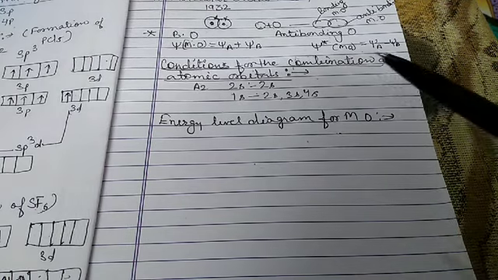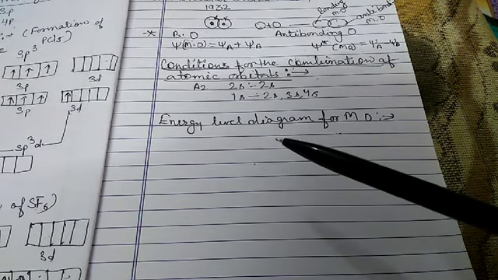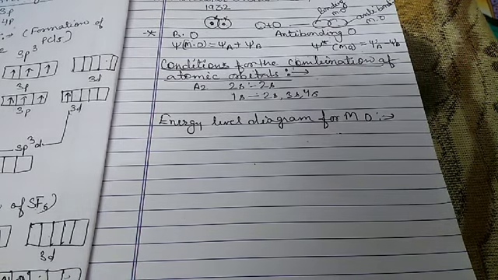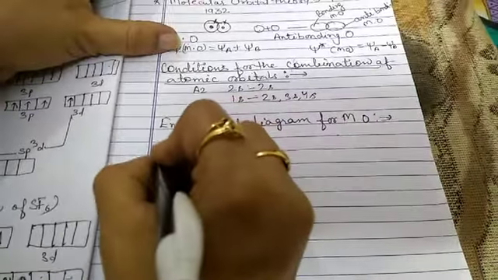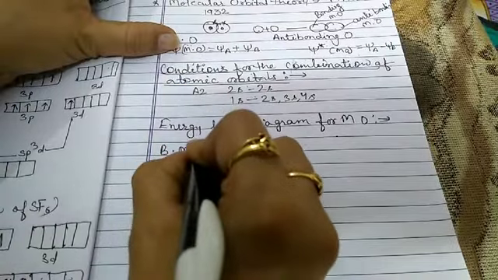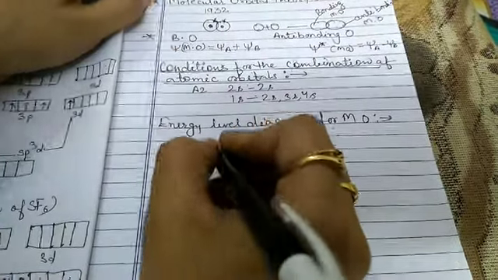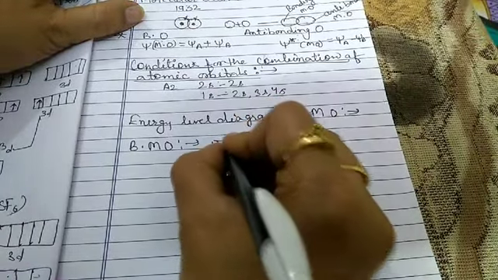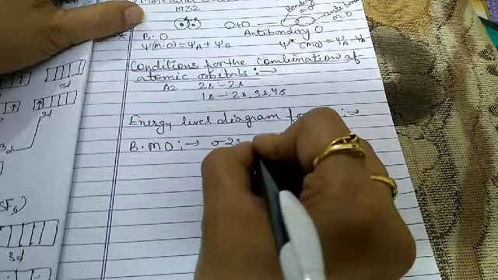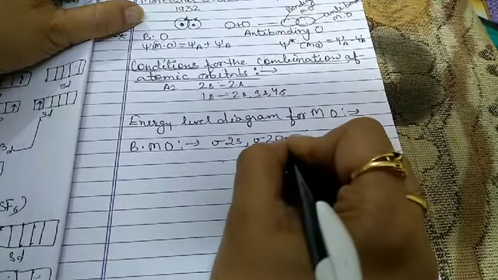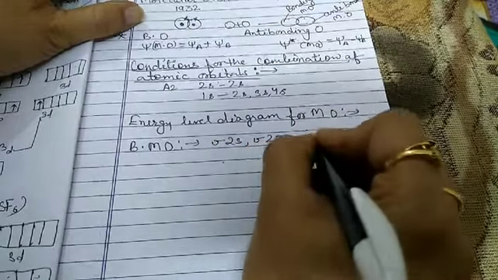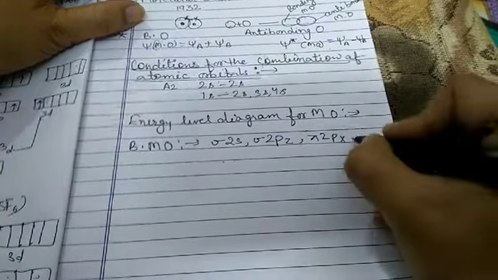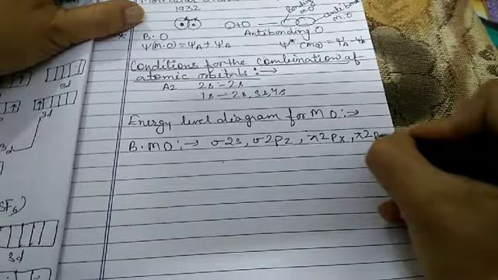So first of all, let us discuss how the bonding orbitals and the anti-bonding orbitals are filled. First, for the bonding molecular orbital, we have the following series: sigma 2s, sigma 2pz, pi 2px and pi 2py.